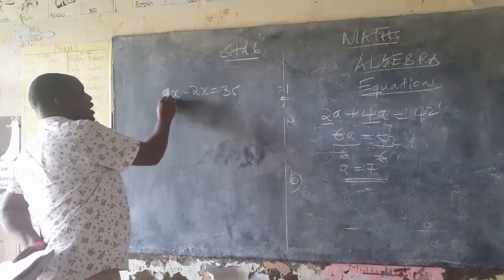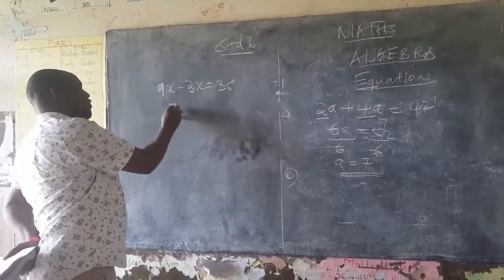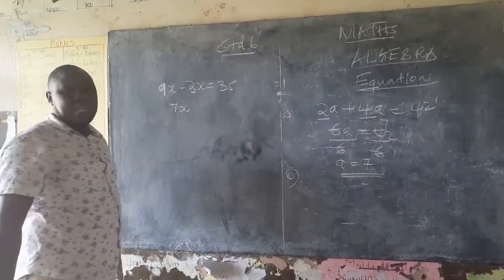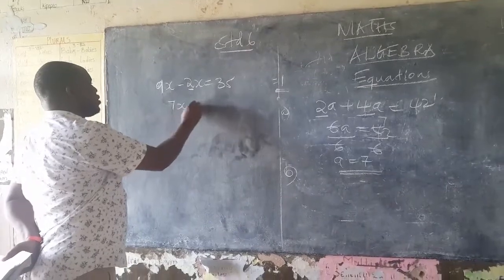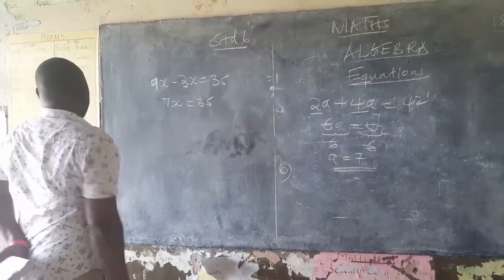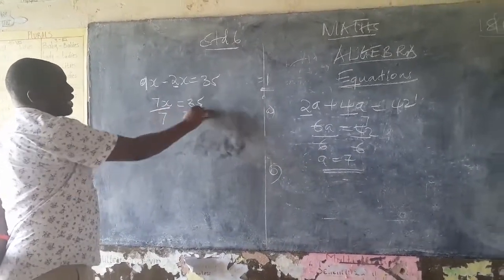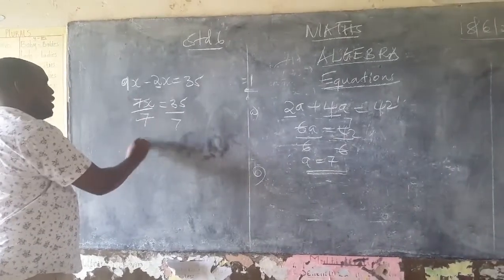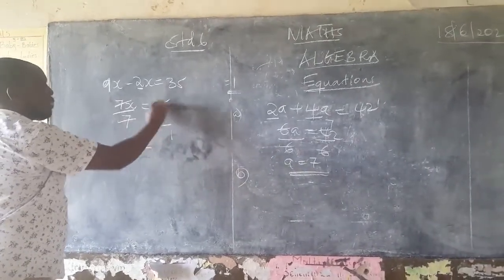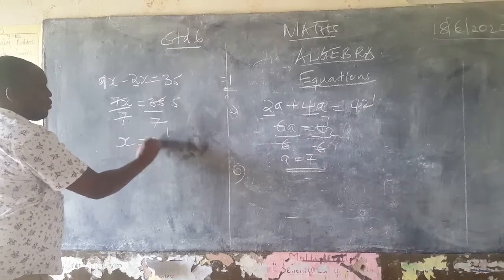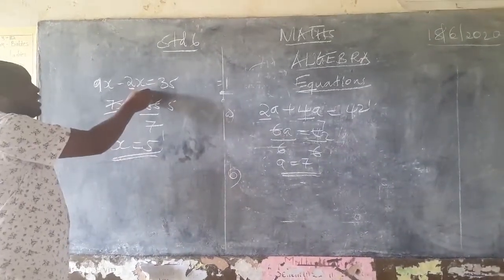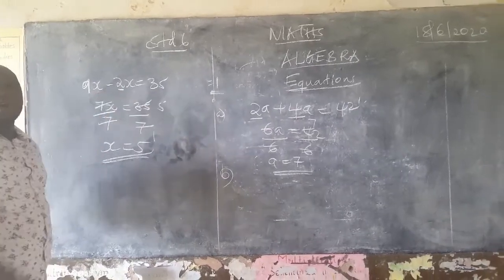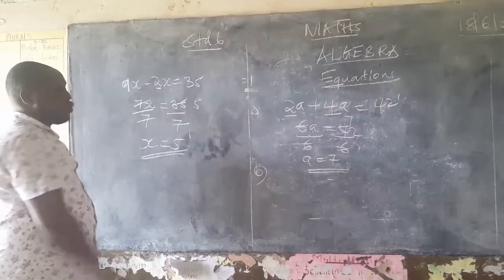So you are going to get 9 minus 2, you get 7, then you represent, the x must be there, whether it's subtraction or addition. So it's going to be 7x is equivalent to 35. And therefore you divide by 7 on both sides to get the value of x. So x is going to be 7 1 by 7 5. So x is going to be 5. So Lana, the unknown remains whether it's a subtraction or addition. That's what I want to show you.